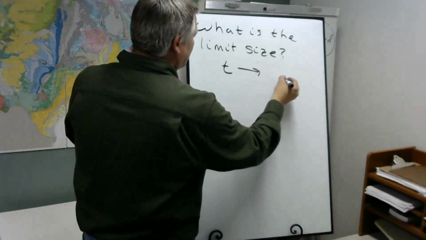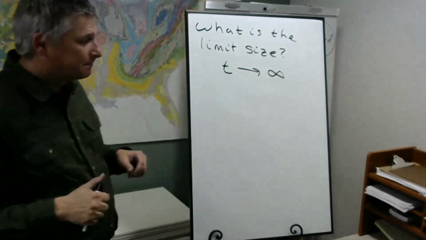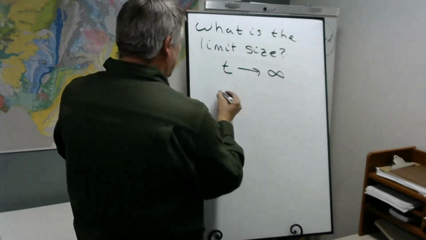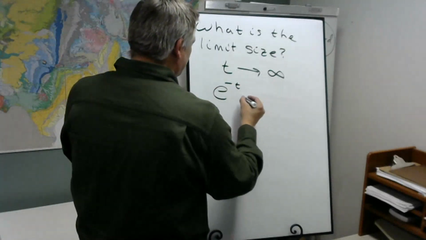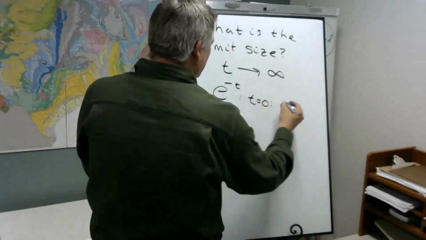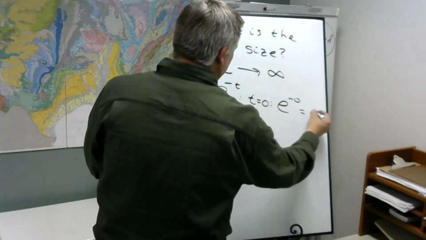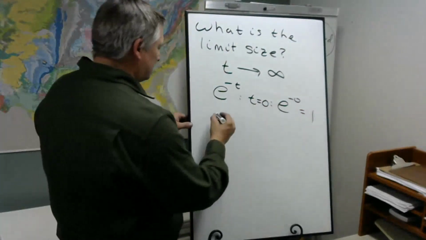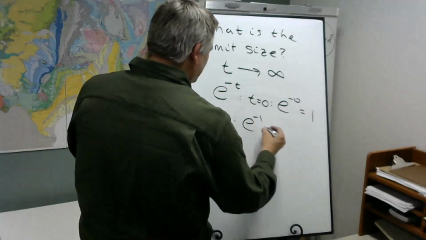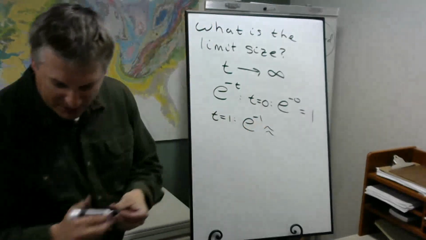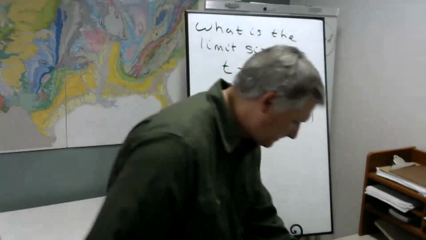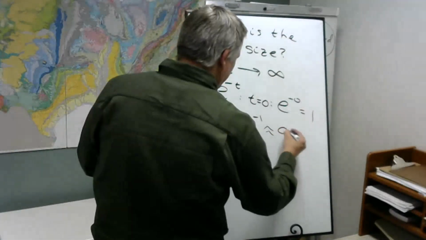So t just gets bigger and bigger and bigger. And so what happens, let's just focus on e to the minus t. When t is 0, we get e to the minus 0, and that was just 1. When t is 1, well, that's e to the minus 1. Let's see what that is. It's about 0.37.